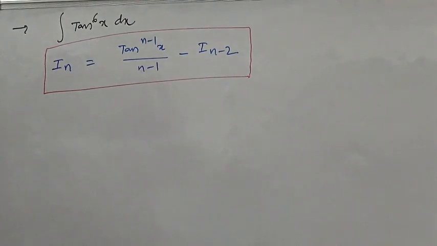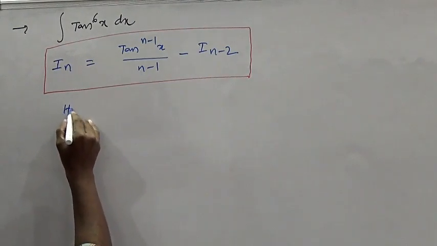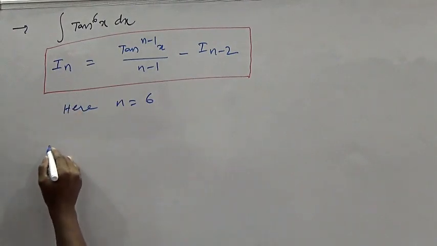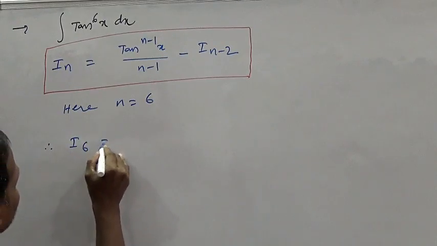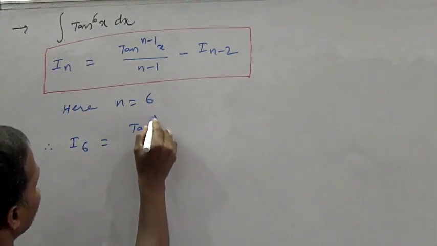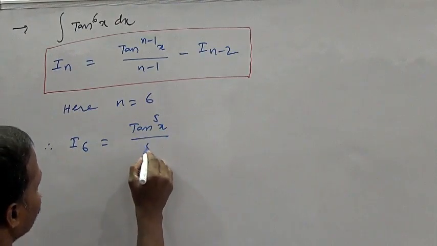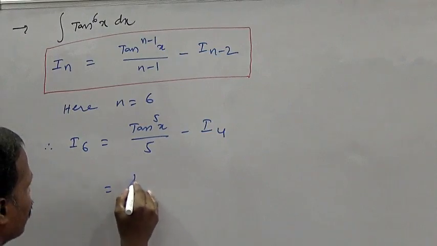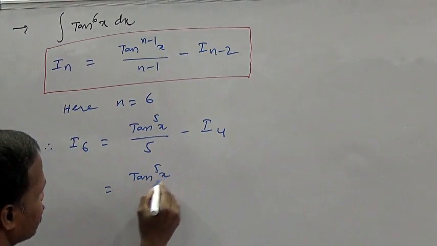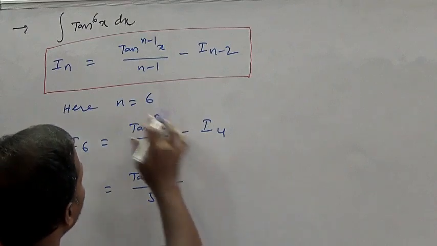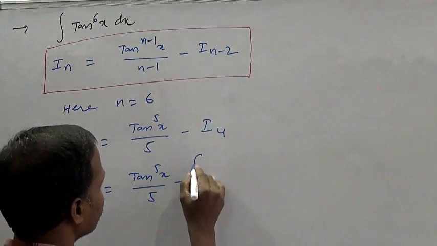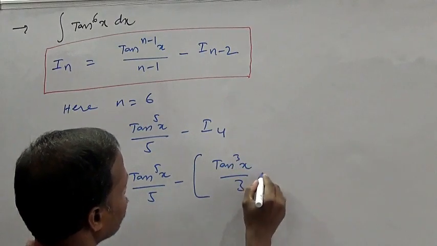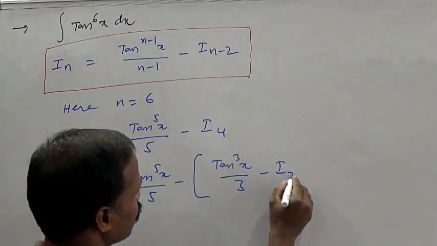Now here what is the n value? Here n equal to 6. So I6 equal to tan power 5x by 5 minus I_{6-2}, that is I4. Now this is equal to tan power 5x by 5 minus, what is I4? Again apply the reduction formula: tan power 3x by 3 minus I_{4-2}, that is I2.